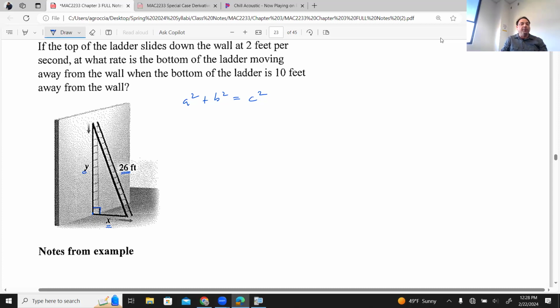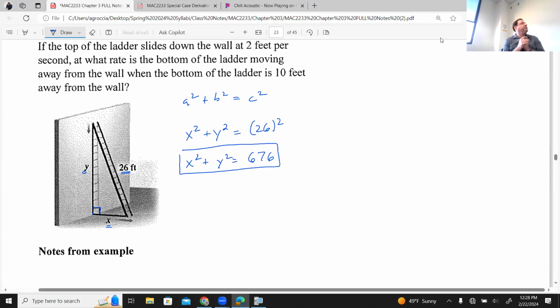So a leg squared plus a leg squared equals the hypotenuse squared. So in this case, we have x squared plus y squared equals 26 squared. And I'll tell you what that is right now. 26 squared is 676. Stop there, and you've now begun your related rates problem.